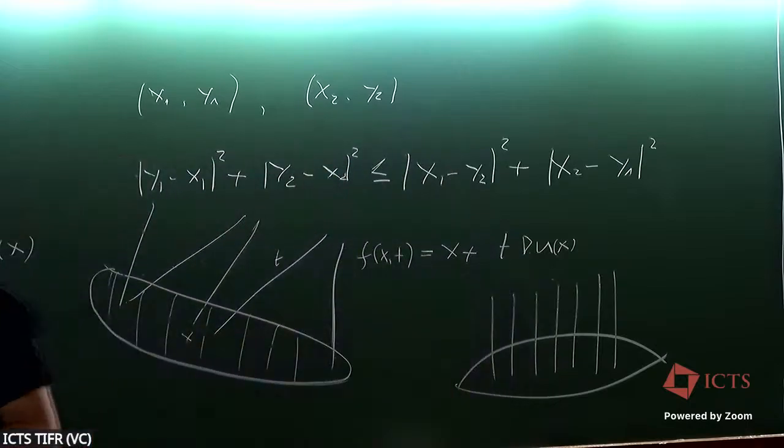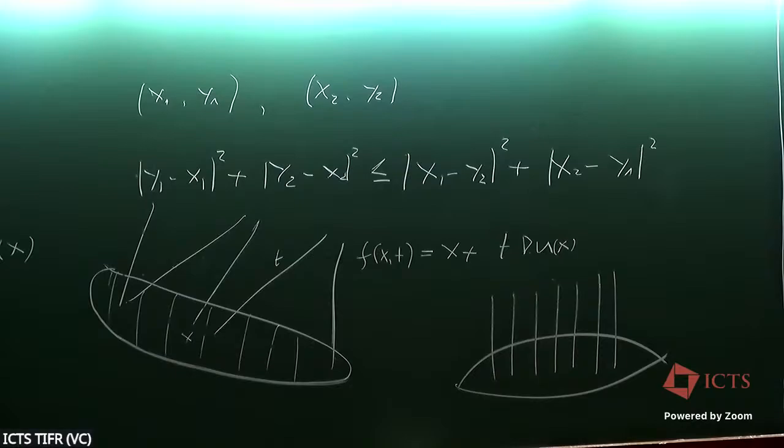We have to have some measurability condition. So to justify this, we prove that this can be justified if we knew that the gradient of u itself has some Lipschitz property.